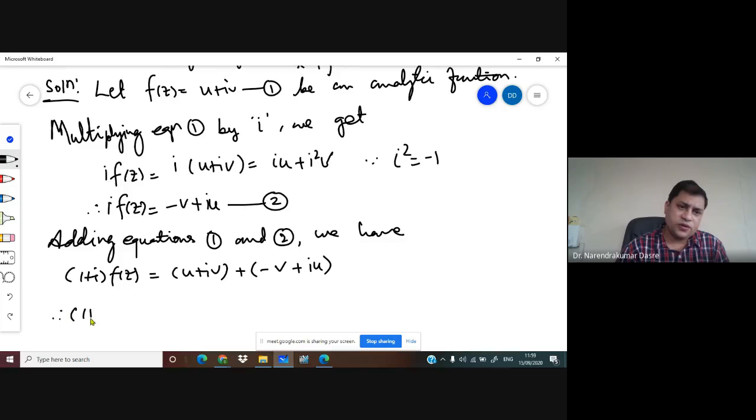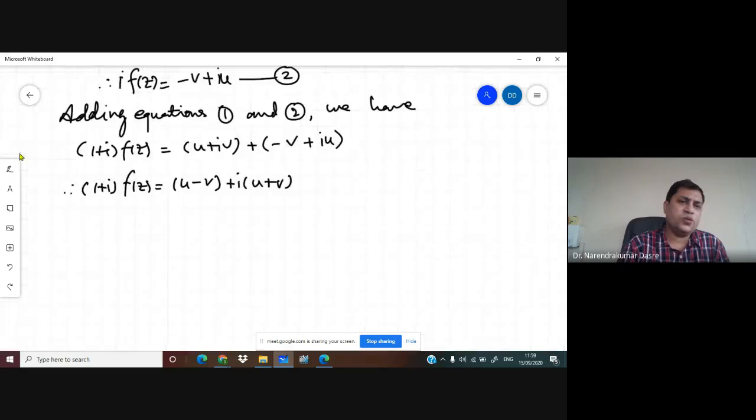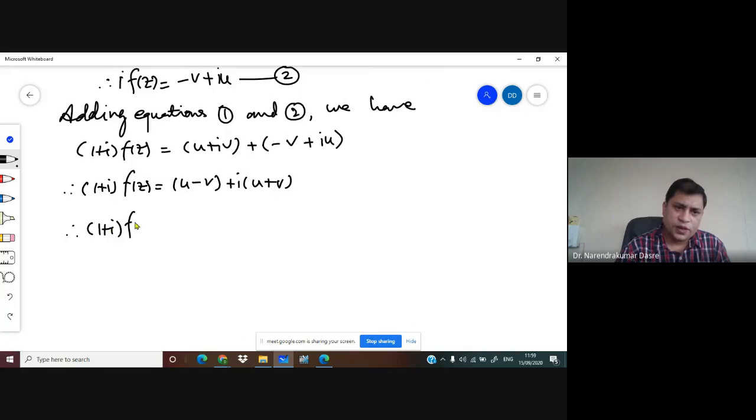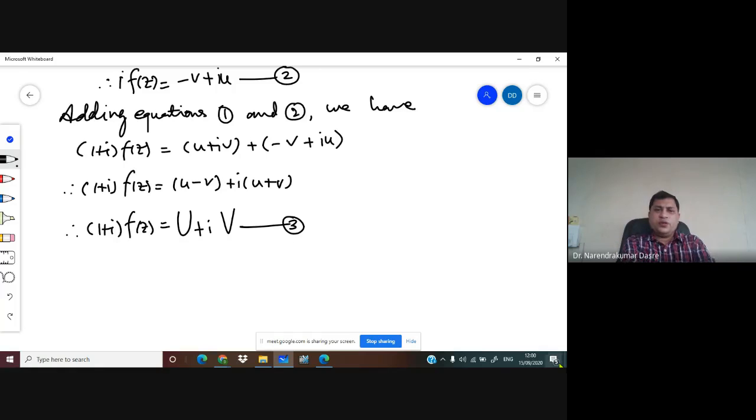Okay, and hence we get 1 plus i into f of z is equal to (u minus v) plus i (u plus v). Now we can write this as 1 plus i into f of z is equal to capital U plus i capital V, this is equation 3.